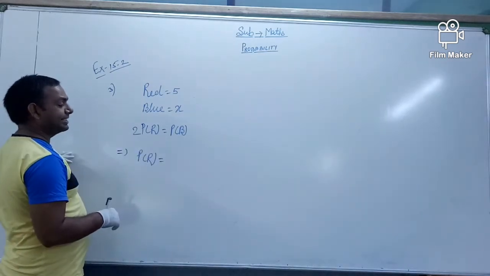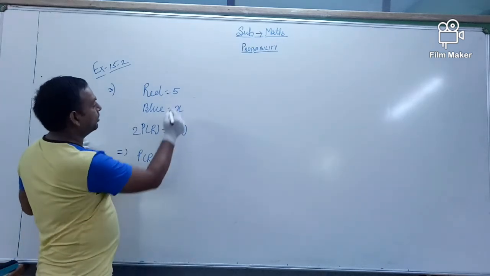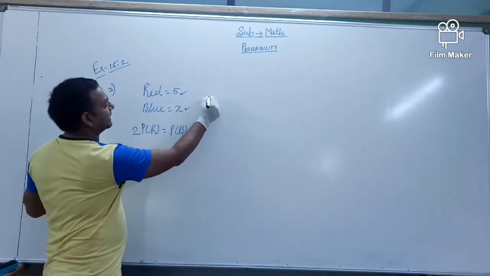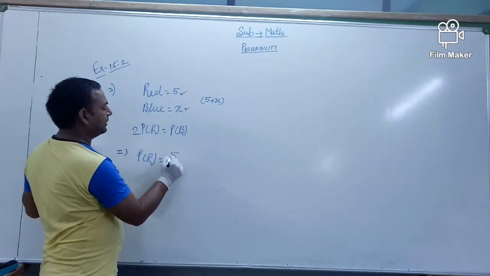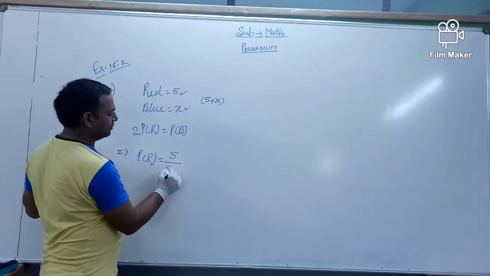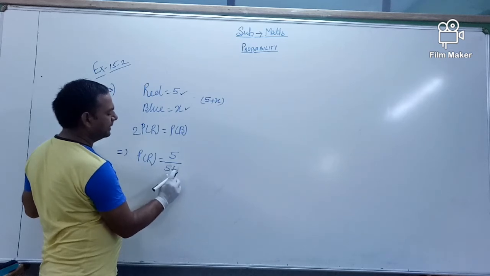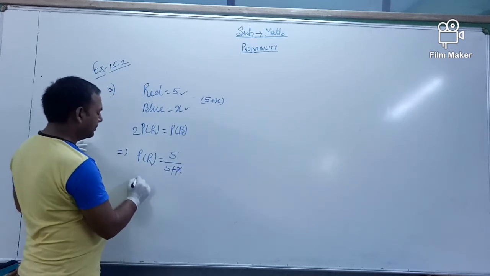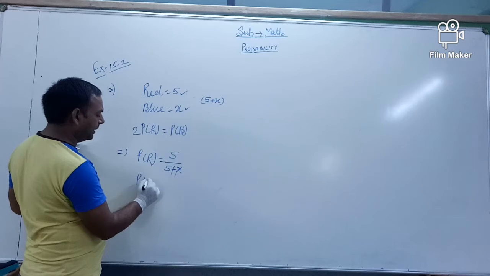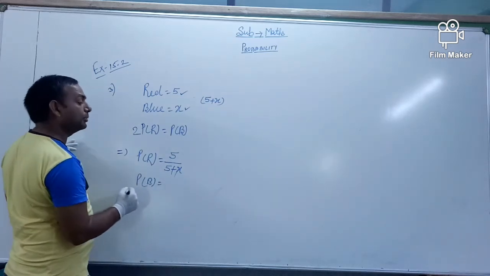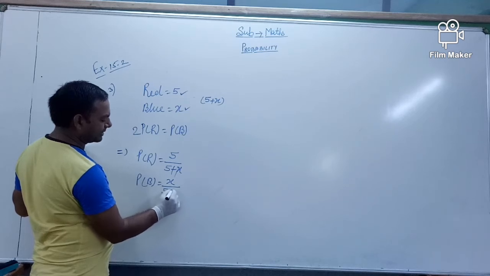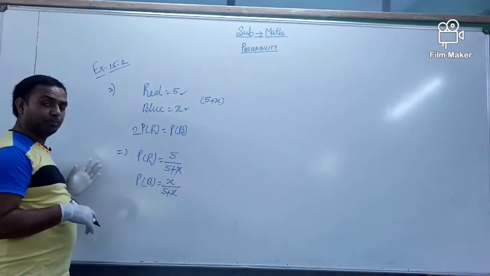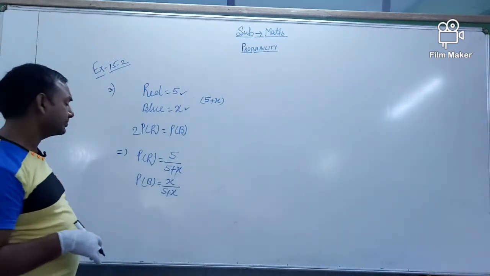Total number of balls is 5 plus x. So red ball 5 upon 5 plus x, this is the probability of red ball. Then probability of the blue ball, PB, is equal to x upon 5 plus x, because the number of blue balls is x.